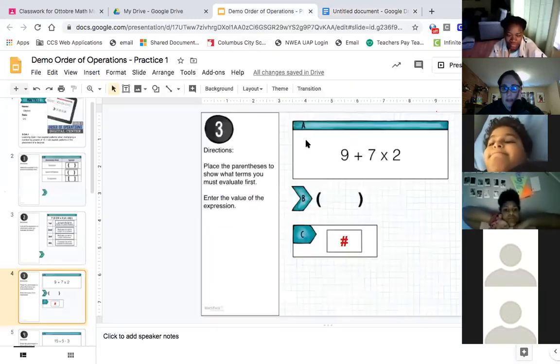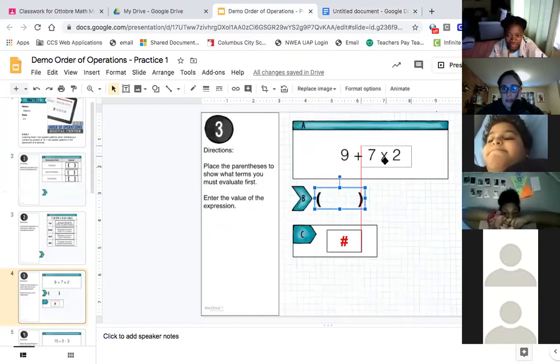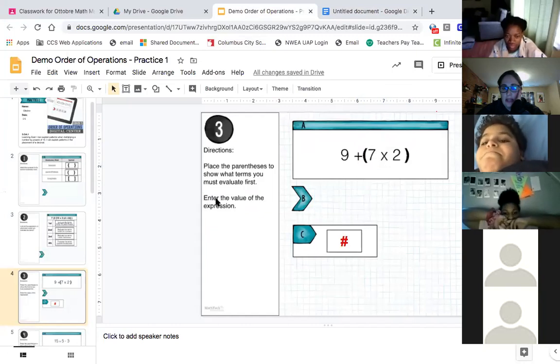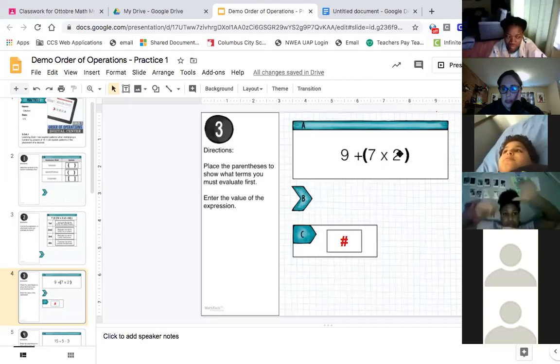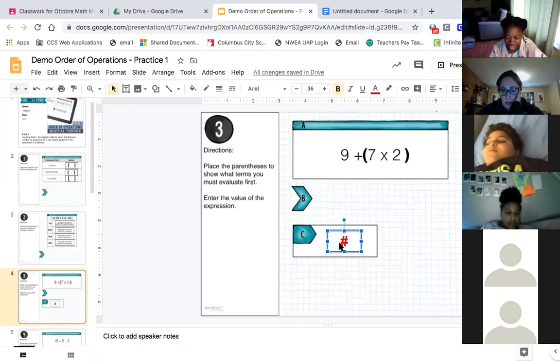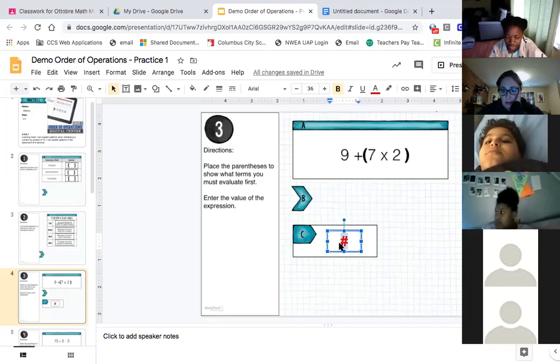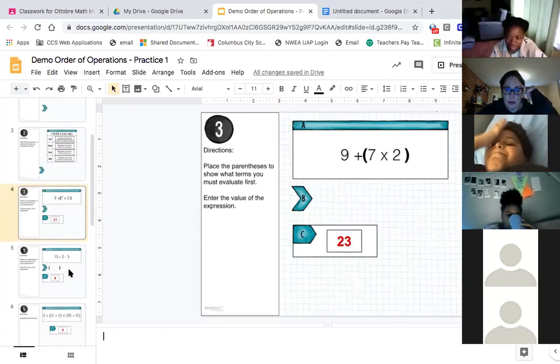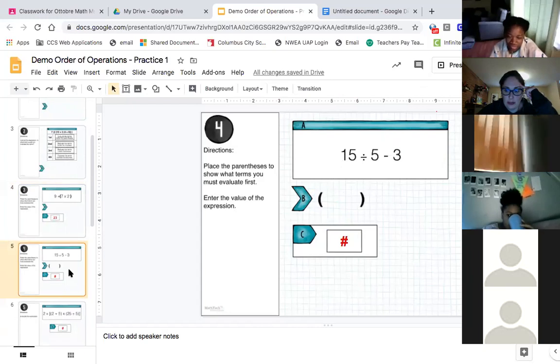I multiply first, so I'm going to put the parentheses around the 7 times 2. Then I enter the value, so I have to find the answer. What is 7 times 2? 14. Plus 9? 23. Yeah, 23. Cool. Is this starting to make sense a little bit?